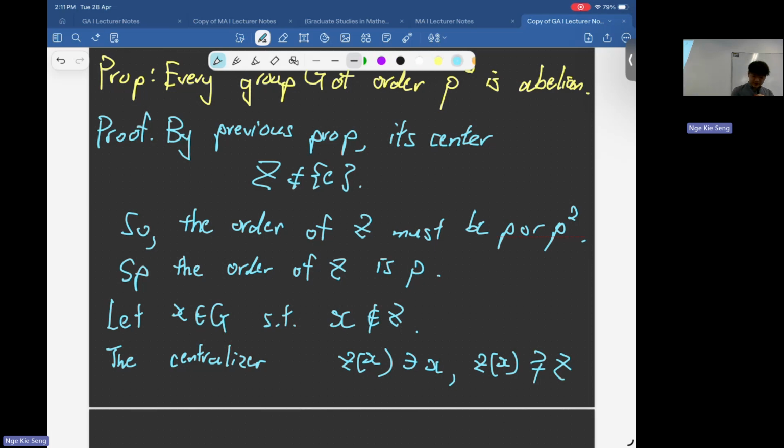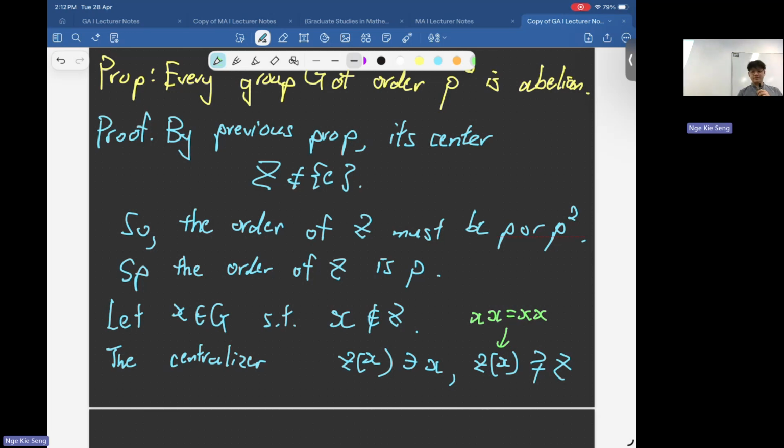So obviously x equals xx. So x is in Z(x). Right? Why? The only number that is greater than p and can divide p squared is p squared.